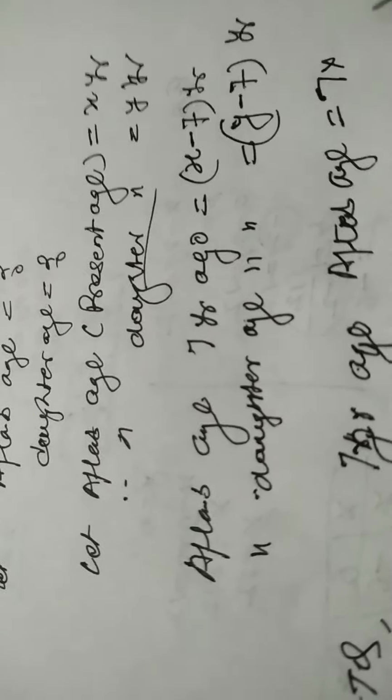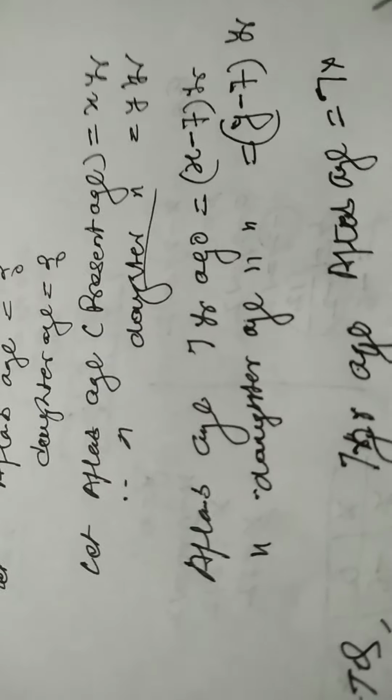So according to the question, 7 years ago, Aftab is equal to, how many times? That is 7 times. 7 times means multiply in mathematics. Daughter's age. We know that Aftab's is x minus 7 years, and this is 7 into y minus 7 years.